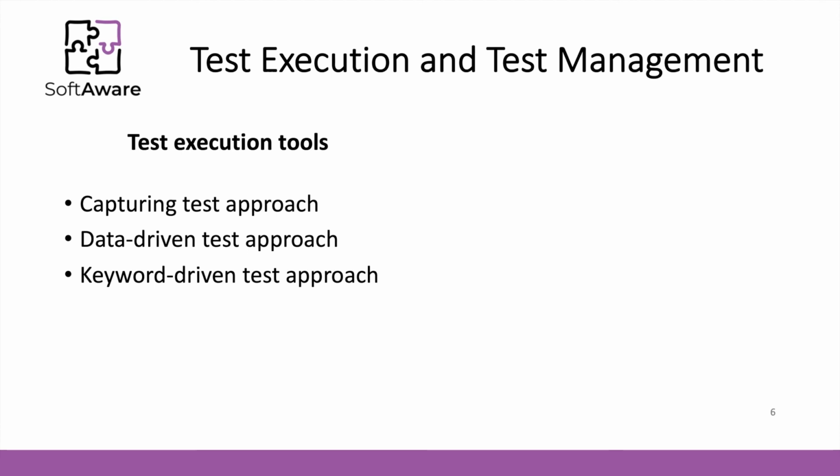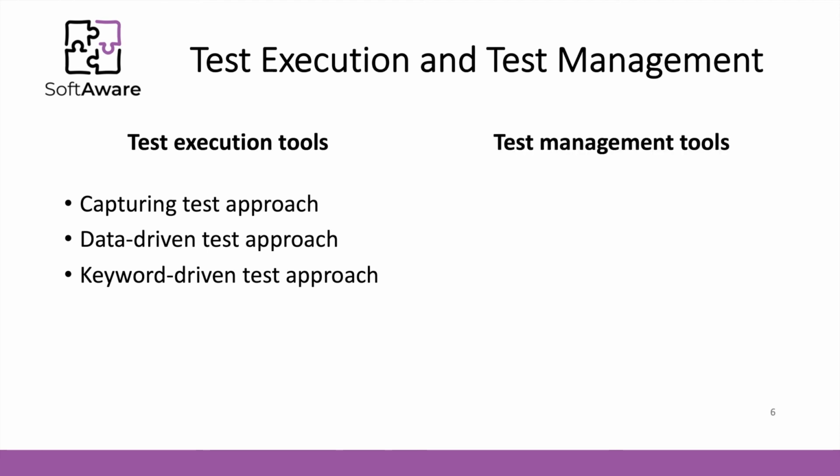Regardless of the scripting technique used, the expected results for each test need to be compared to actual results from the test, either dynamically while the test is running or stored for later post-execution comparison.